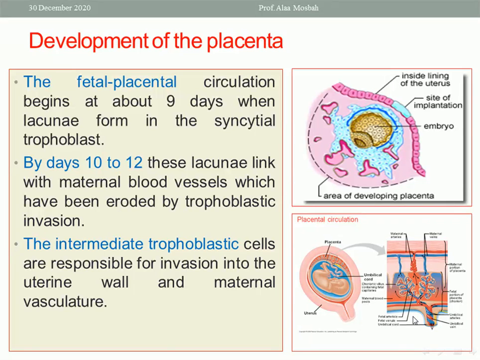On the other side, the two umbilical arteries will carry the deoxygenated blood and the toxins and the metabolites from the fetus to the placenta to be excreted. Okay?